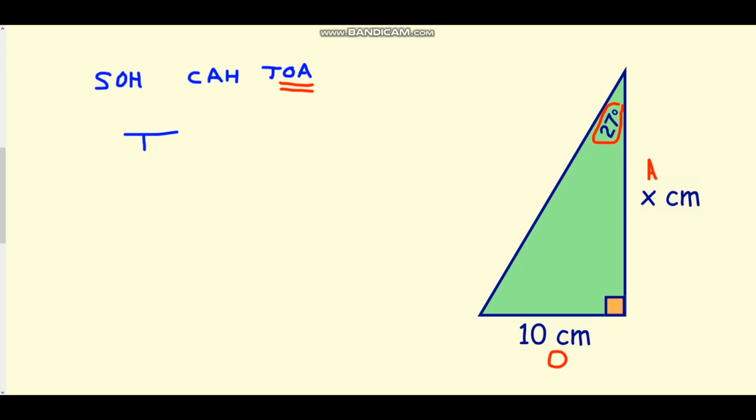So I'm going to start my working with tan x equals opposite over adjacent. Filling in the information we know, tan 27 as our angle is equal to our opposite, which is 10, divided by our adjacent, which is x.